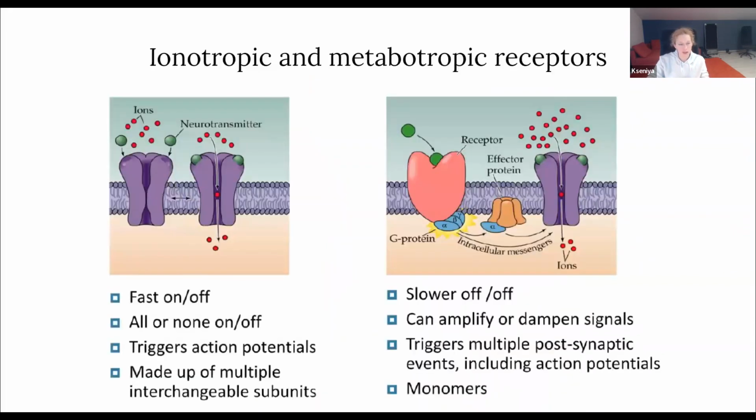Another important thing to remember is that there are two types of receptors, ionotropic and metabotropic. The ionotropic receptor is a channel that can open in response to the attachment of a ligand, while the metabotropic receptor is a G protein coupled receptor that triggers a cascade of internal processes in a neuron.